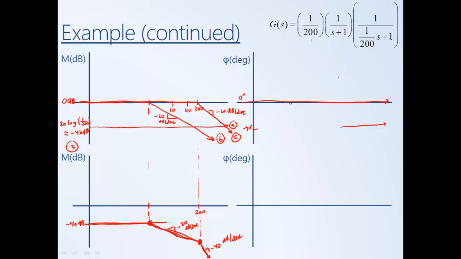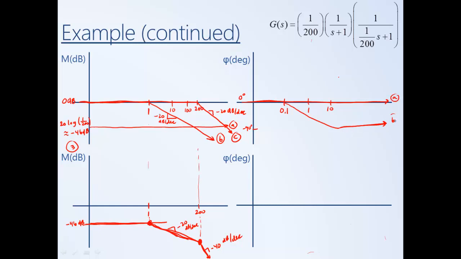The break frequency for this pole is 1 radian per second. And so we start to break down 1 decade early, and we finish 1 decade later. So we're at 0, we start to go down at 0.1, and we finish going down at 10.